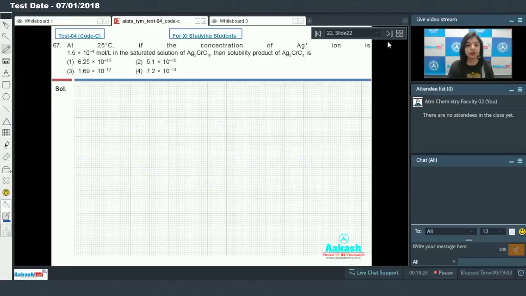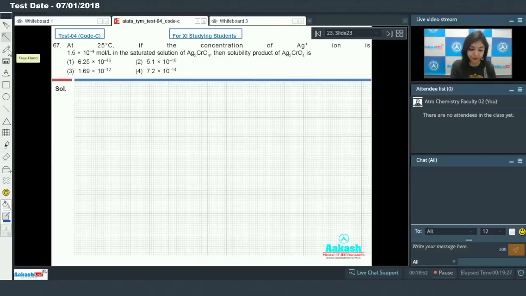Moving on to the next one, we have question number 67, which says that at 25 degrees Celsius, if the concentration of Ag plus ion is 1.5 into 10 raised to the power minus 4 mole per liter in the saturated solution of Ag2CrO4, then the solubility product of Ag2CrO4 is.